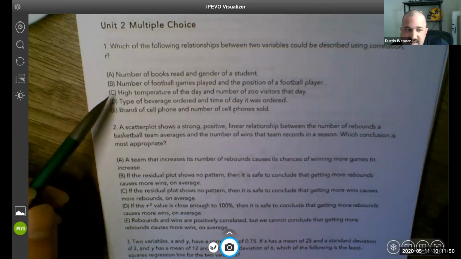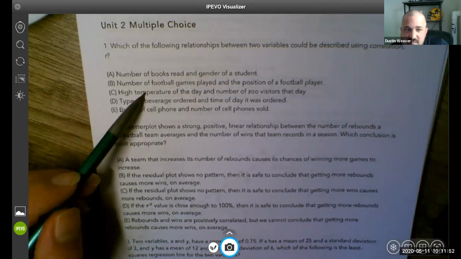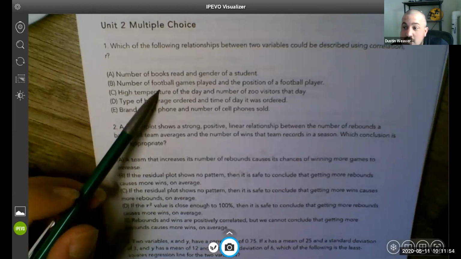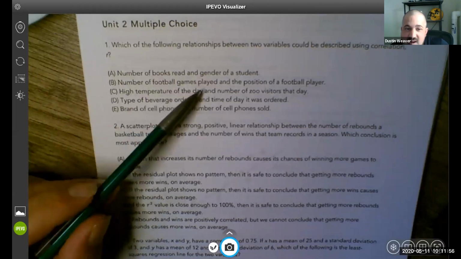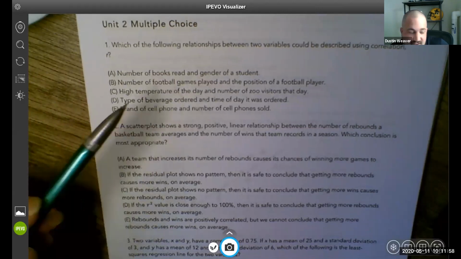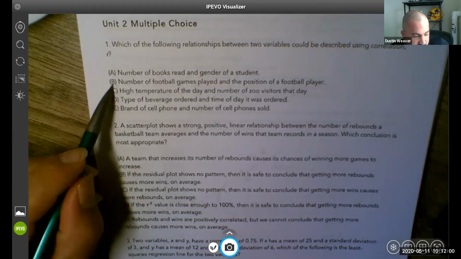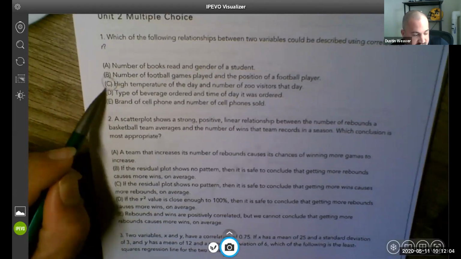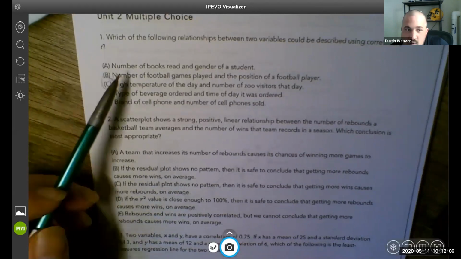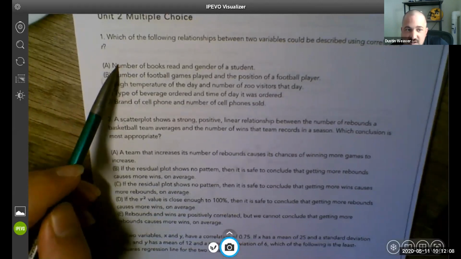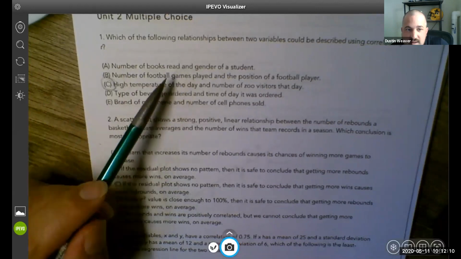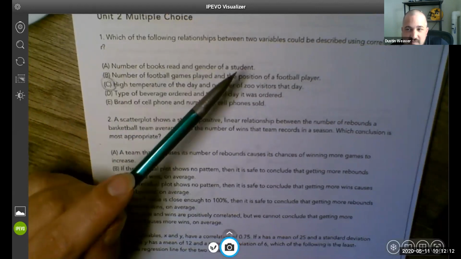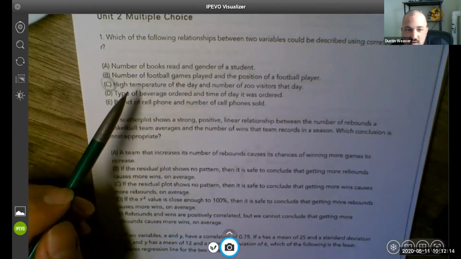So C says the high temperature of the day. That's going to be a number, right? And the number of zoo visitors that day. That's going to be a number. So both of those are described with numbers in C. Let's look at each of them real quick. In A, the gender of the student is categorical. In B, the position of a football player is categorical.